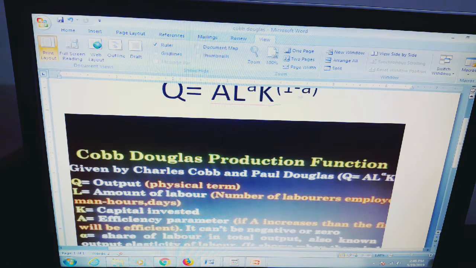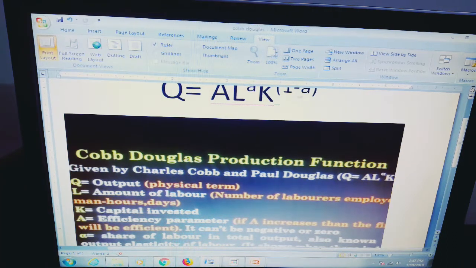What is A? The capital A. Look at the capital A. If you have 10 laborers, you hire them, you put them in their place, but they are not working, or they are working very slowly, then employing so many workers will not have any benefit for the firm. So that's where A comes in. A is the efficiency measure of that firm: how efficient the firm is at using labor and capital.